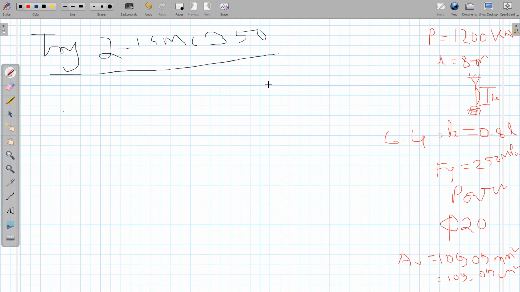If you try with two number of ISMC 350, you will find their area in the steel table. While trying this, we also need to write down their weight. For ISMC 350, let me check, just give me a moment. The weight is 42.7 kg per cm square.